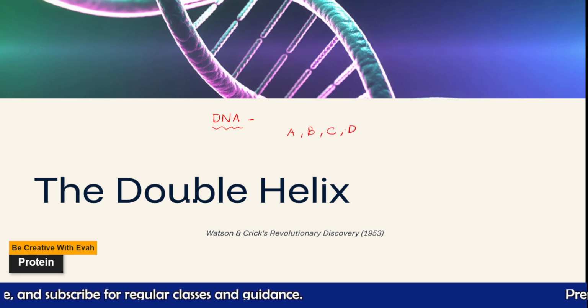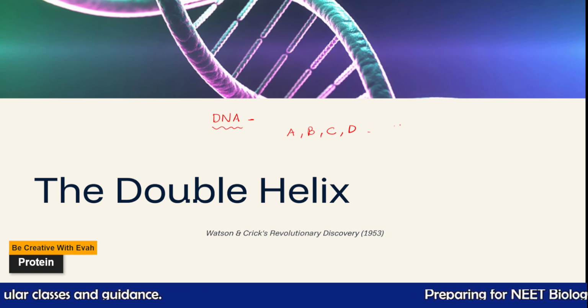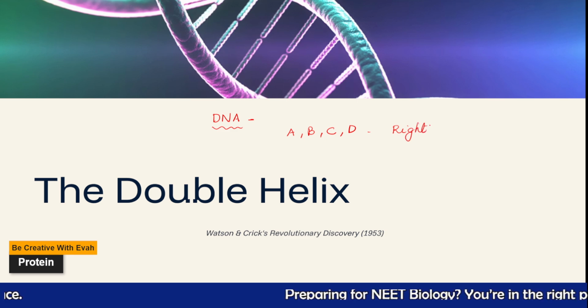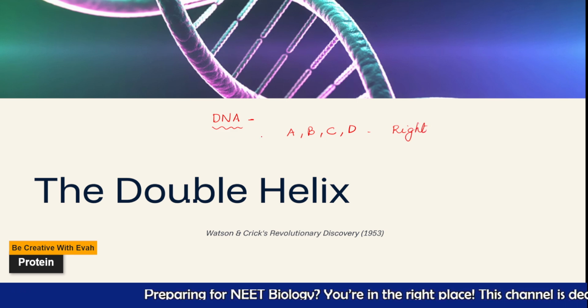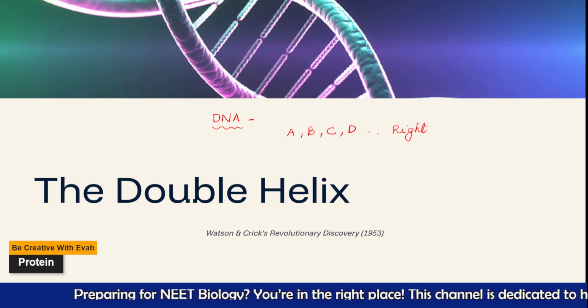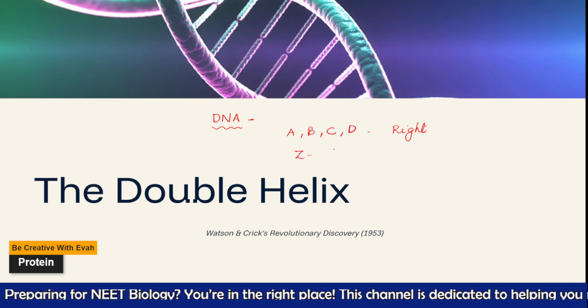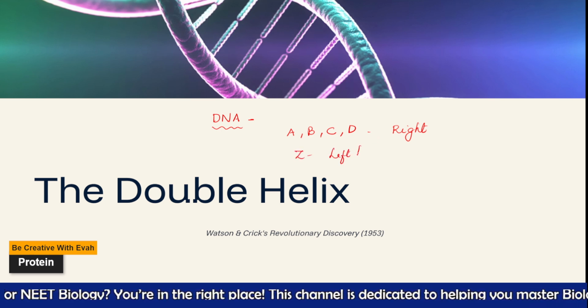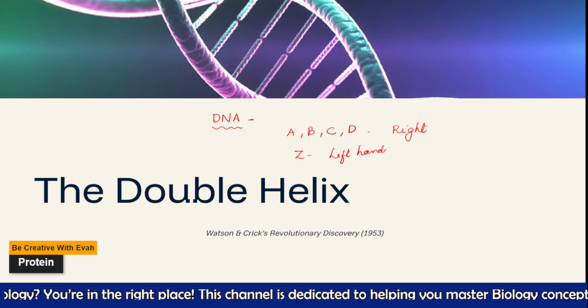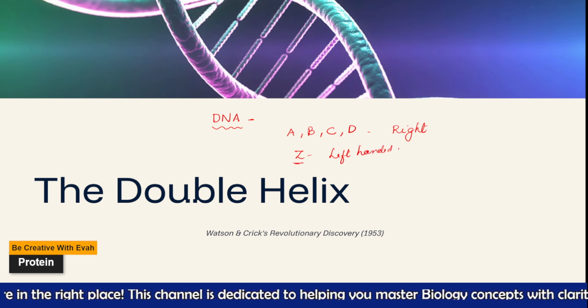These are all double helical structures, with a right-handed helical structure, A, B, C, D. Z DNA is the left-handed form, a left-handed helical structure.